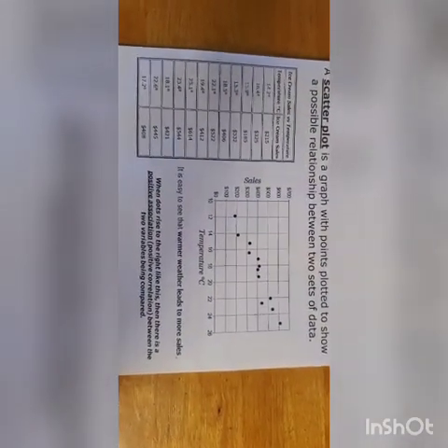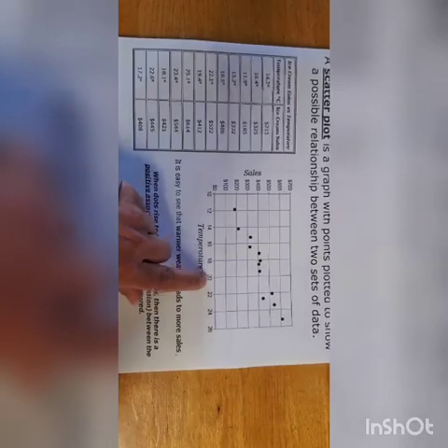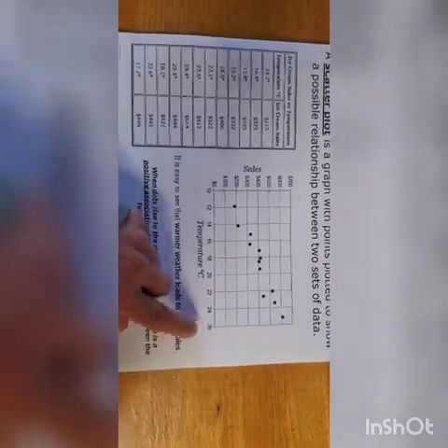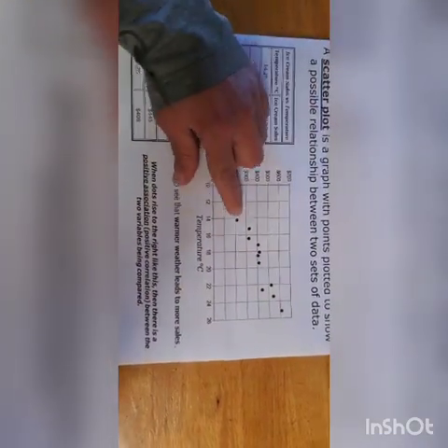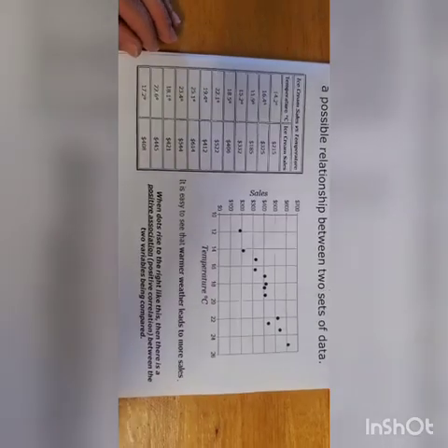Now, when you look at the graph, you can see that as the temperature increases, as it gets warmer, ice cream sales go up. They are rising. And that makes sense, that when it's warmer outside there's more ice cream sold.